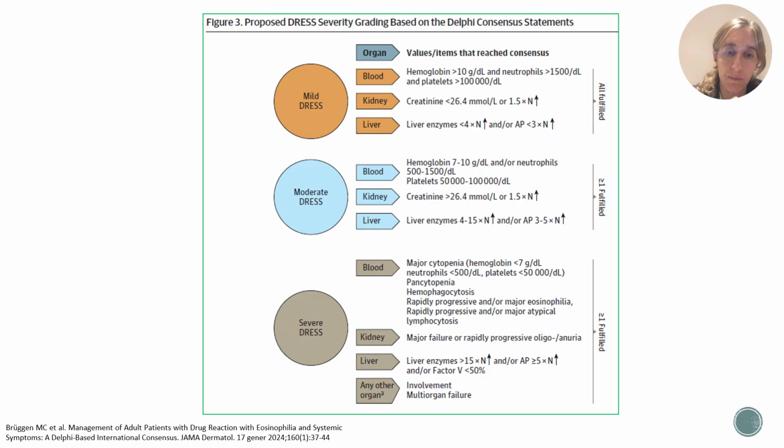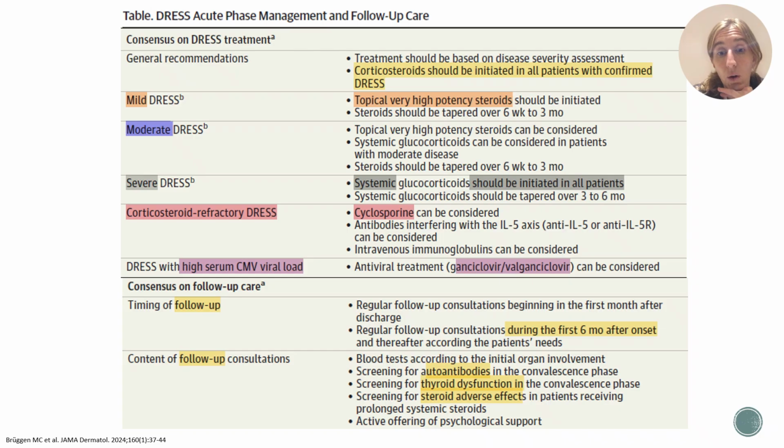We may have a mild DRESS, moderate DRESS, or severe DRESS, with different organ involvement, but you also have to fulfill different criteria, and with this you have different prognosis and patient management. Also, the acute phase management and the follow-up care depend on the classification or the severity of this DRESS.